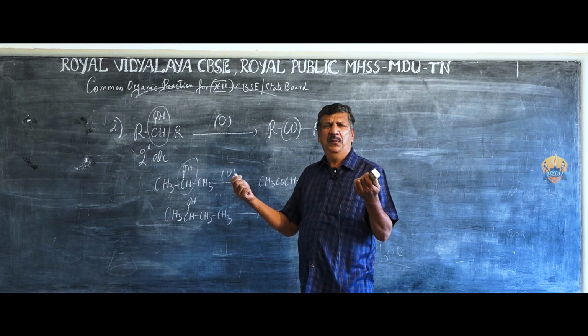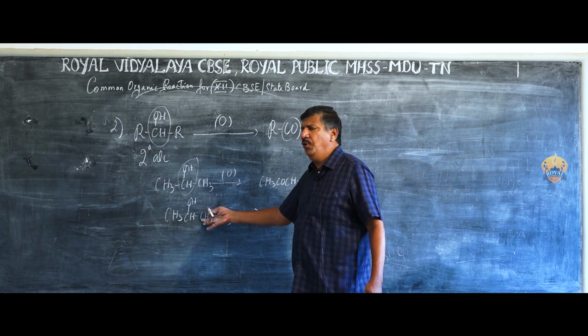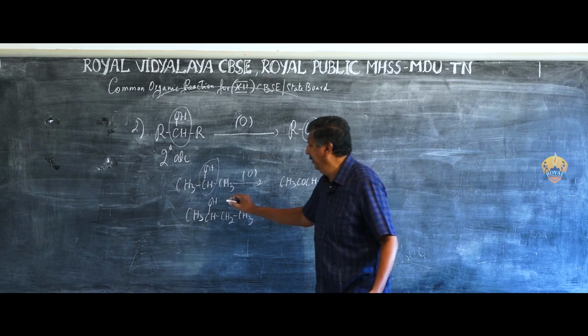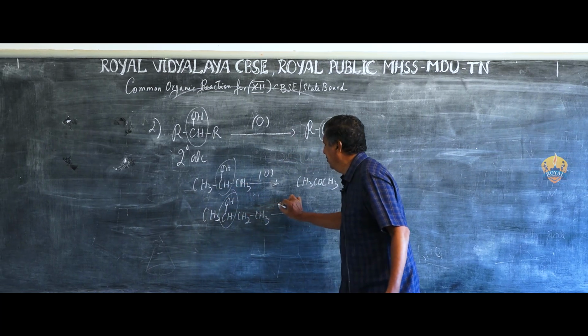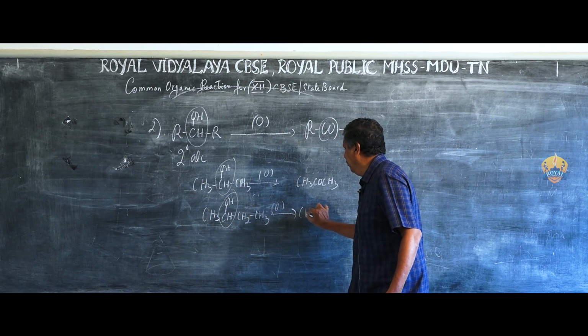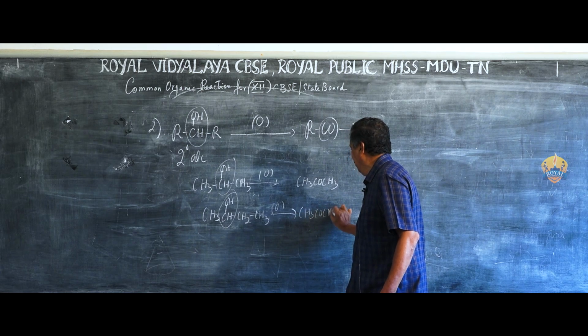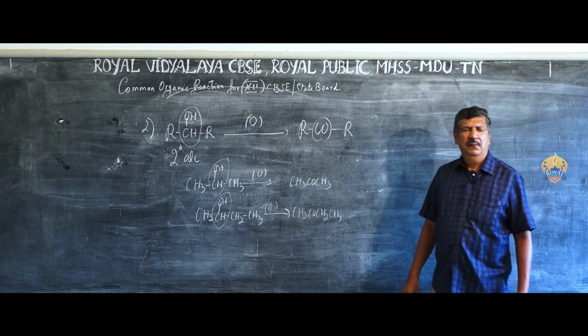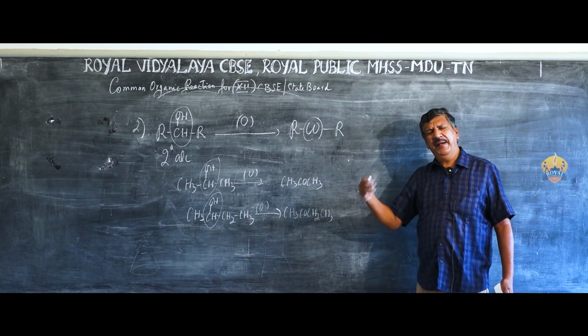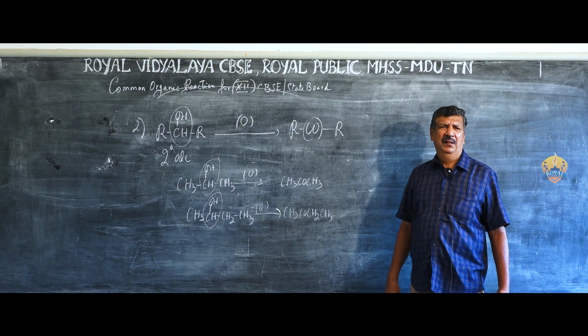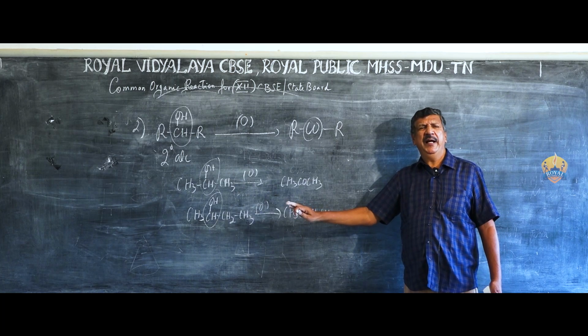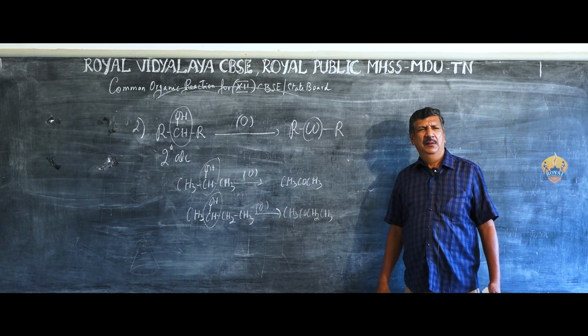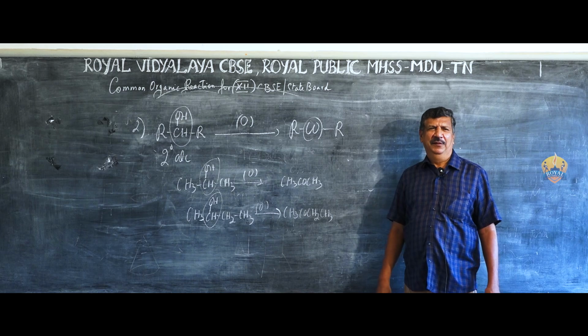I'm least bothered about the book, whether the questions are new or old. You just understand like this. Any secondary alcohol on oxidation changes into ketone. That's all. Regarding IUPAC name, I'll tell you later on. Here I don't want to disturb with any IUPAC name and all. First you learn the reaction.